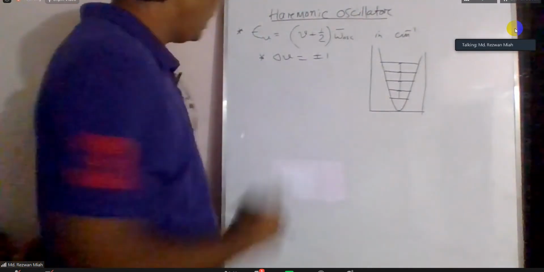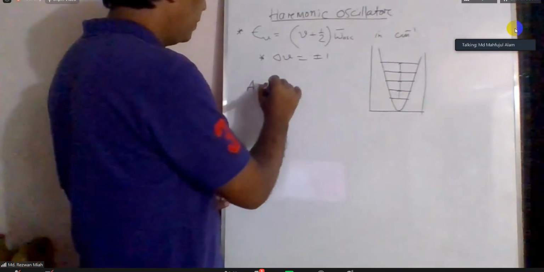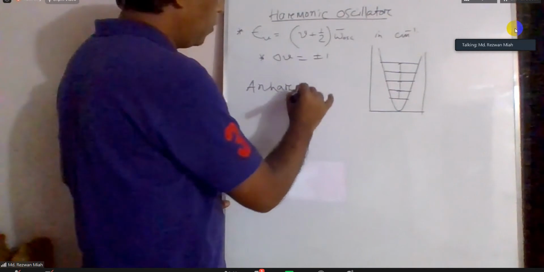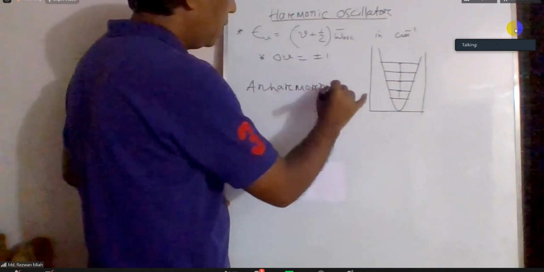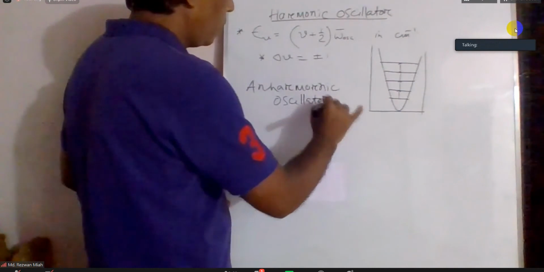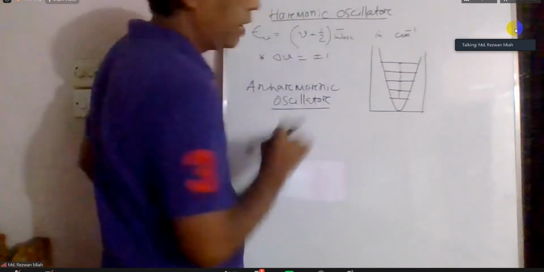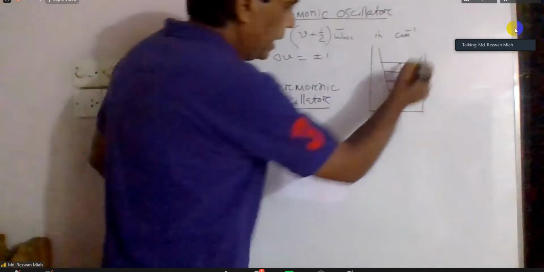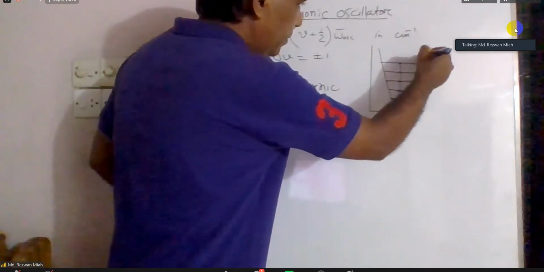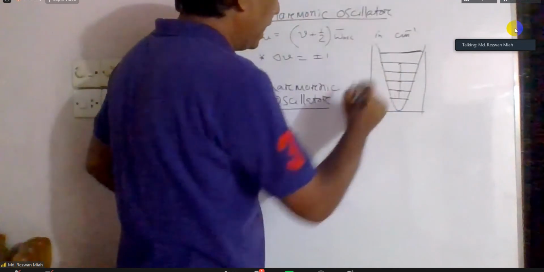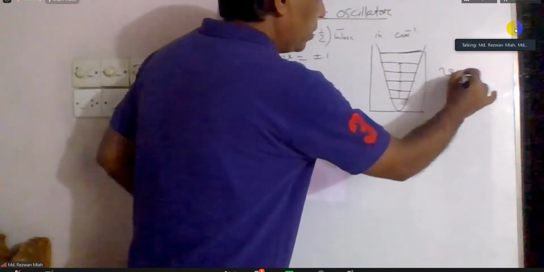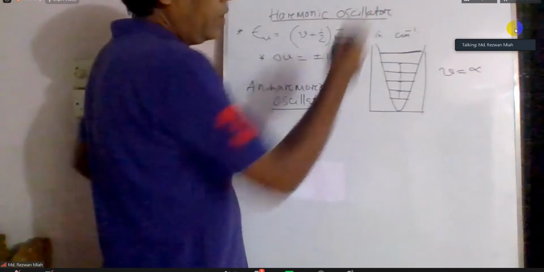For the anharmonic oscillator, first of all, what is a harmonic oscillator and what is an anharmonic oscillator? You see in this figure, for the harmonic case, v can have any value, maybe up to infinity.